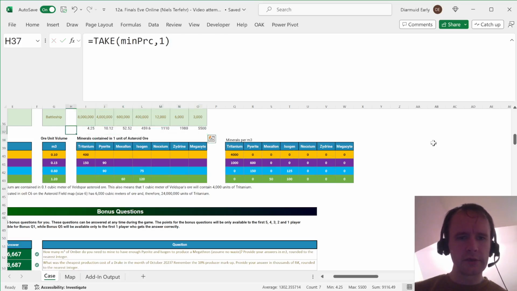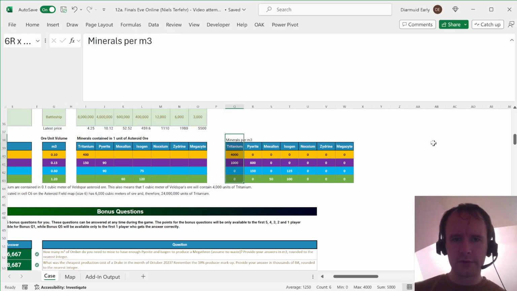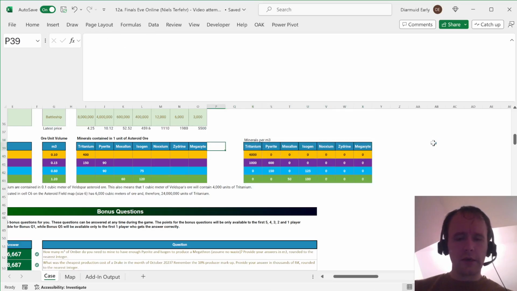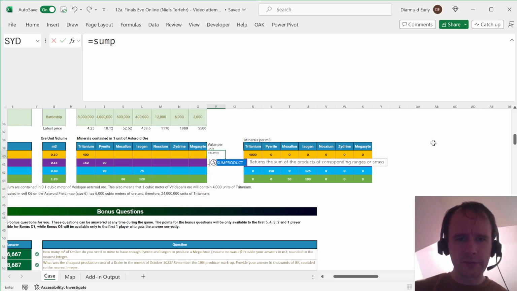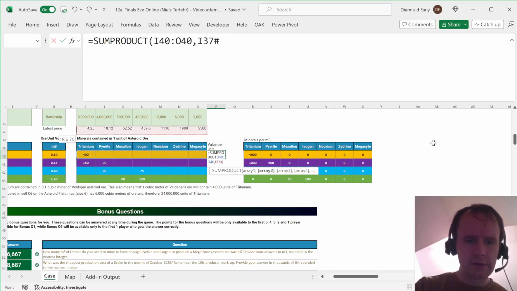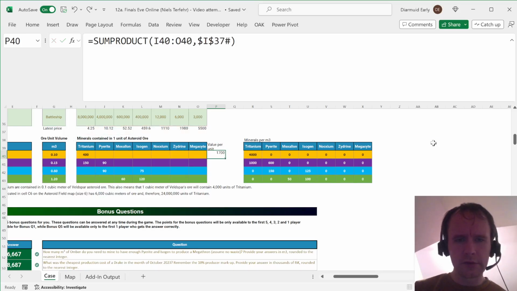So this is the latest price. Then here we just want, let's insert a little space here. Value per unit. And that's just going to be some product of this with this, lock. That's it.